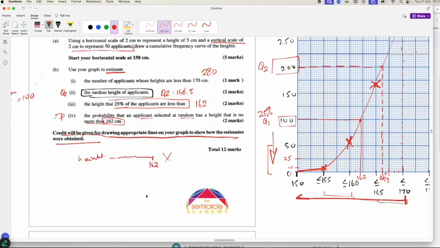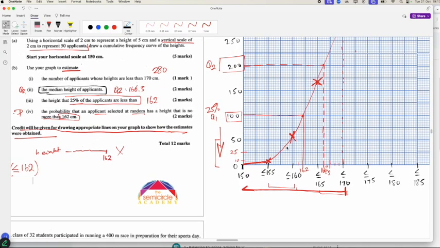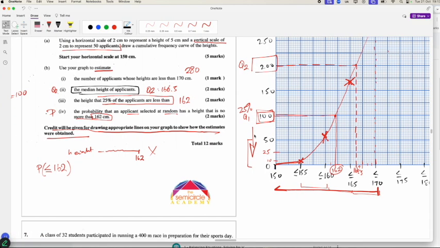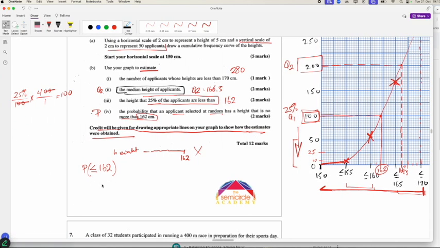You don't want more than that. So that means that you want the probability that somebody is less than or equal to 162. Right? And look at that, 162 just happens to be my Q1. And I can see that that lines up with 100 people. So 100 people are less than 162.